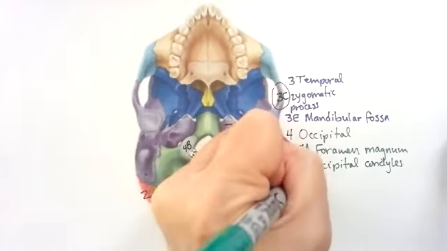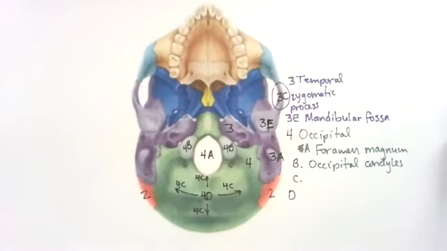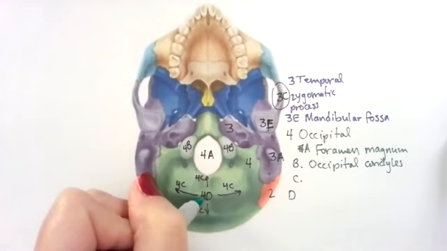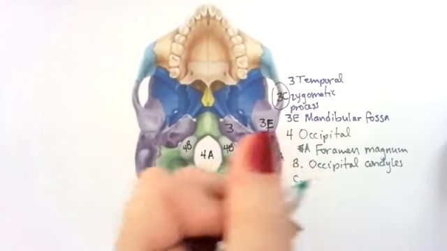4D, I'm going to leave a space for C. 4D is kind of a flat projection. It's not a process. So it kind of sticks out from the bone a little bit, and it's called a protuberance. And because it's on the occipital bone, it's called the occipital protuberance.